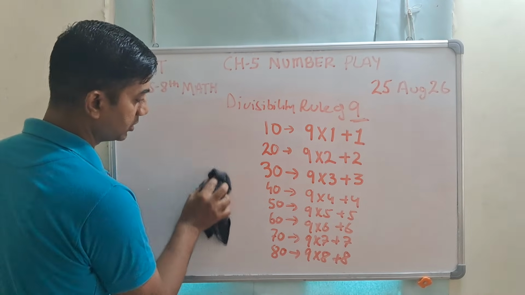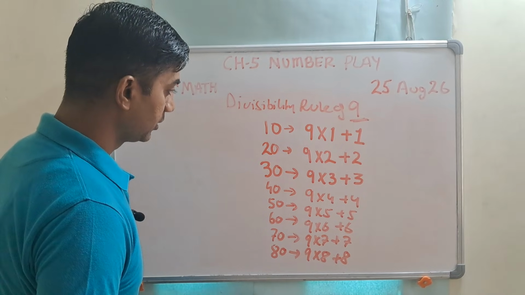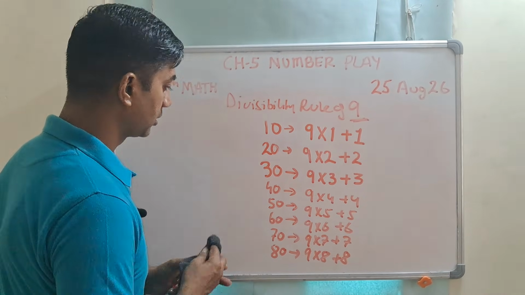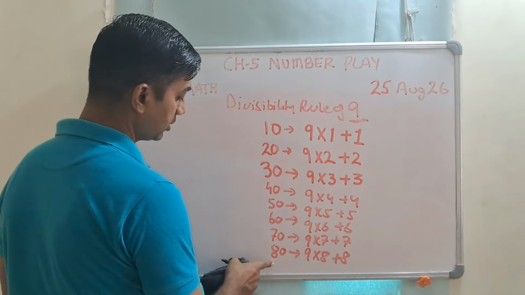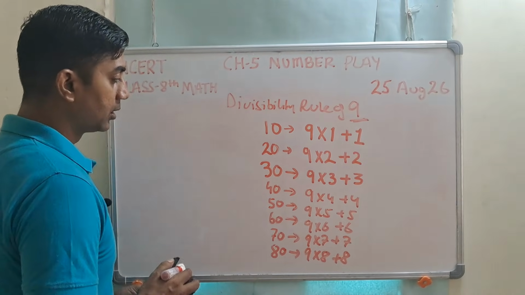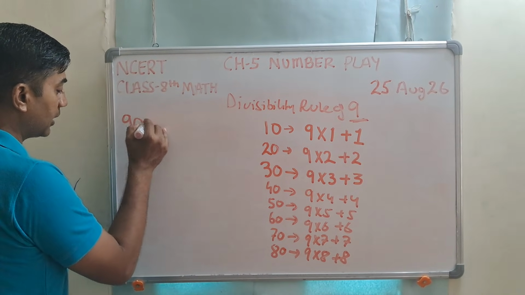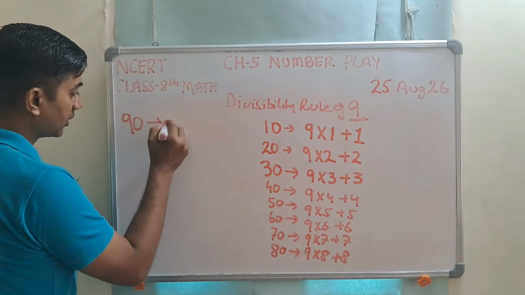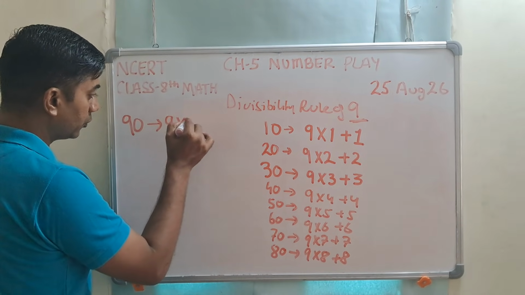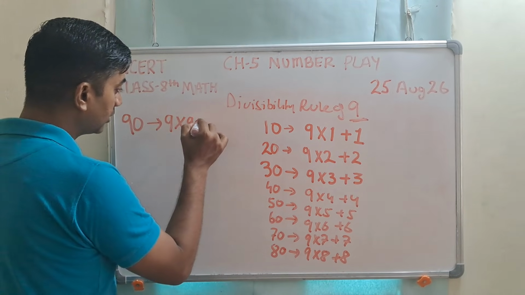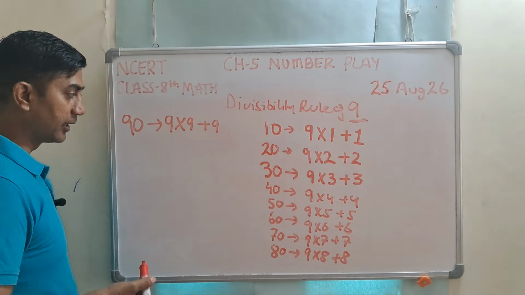Now see, we have checked up to 80. Now I'll give you the example of 90. 90 is what? 9 into 9 plus 9, and we cannot write it like this. Understood?